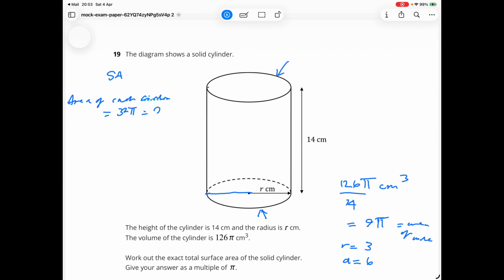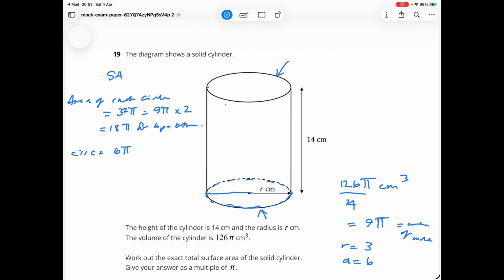And that equals 9 pi, which we knew already, and then times by 2 equals 18 pi for top plus bottom. Now, we know what D is, so D is 6, and so the circumference of that is 6 pi. So circumference equals 6 pi.